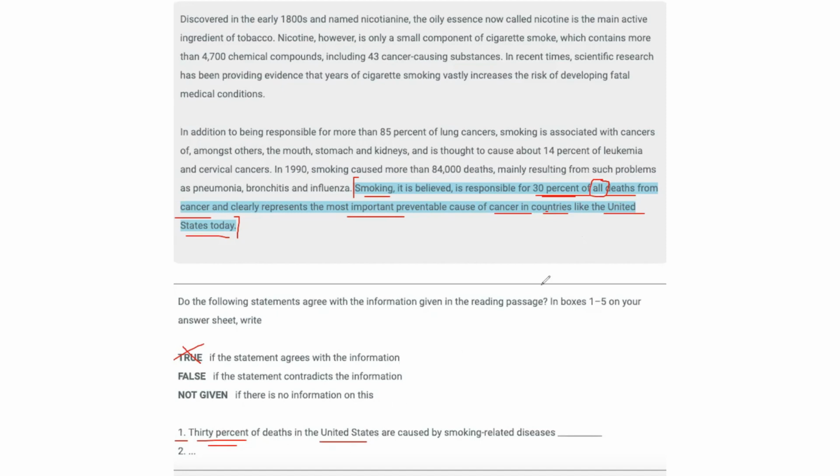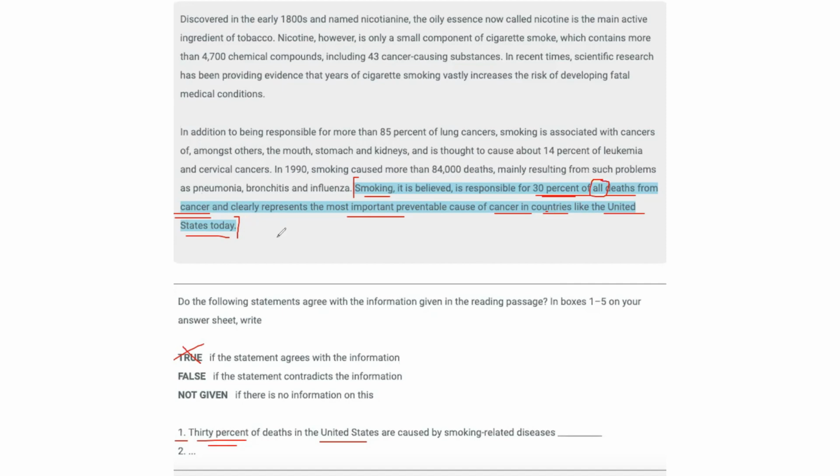But the statement in the passage, on the other hand, states that smoking is believed to be responsible for only 30% of all deaths from cancer. And this is where it's tricky because people think, well, all is here, and this is talking about 30% of all deaths, so it must be true. But if you keep reading, it's all deaths from cancer, and cancer alone, not all deaths.